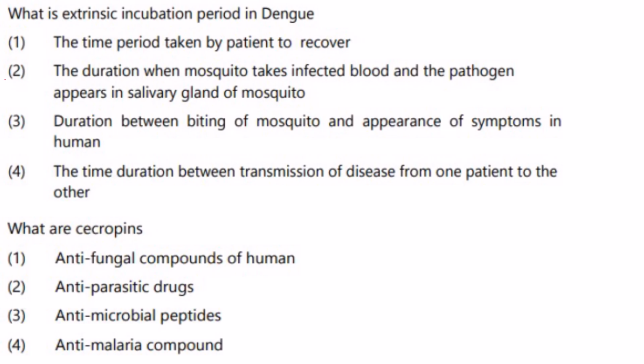Dengue is spread by Aedes aegypti. The female Aedes mosquito will bite a person who is infected with the dengue virus. So the virus will enter the mosquito and spread to the mosquito's salivary gland.